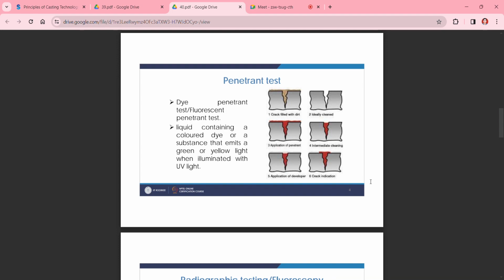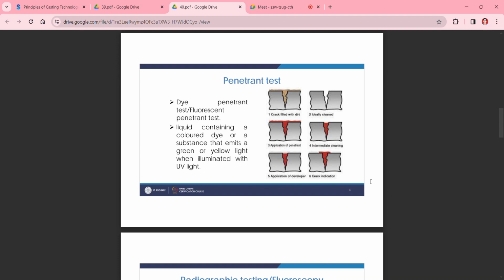There are some other metals and pigments that can illuminate when they come into contact with UV rays. So when you put the UV light on the surface of that casting, you will be able to see that color. So you can mark the area of that defect, and you can go for some remedy.